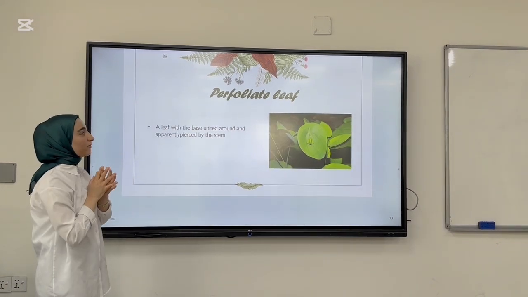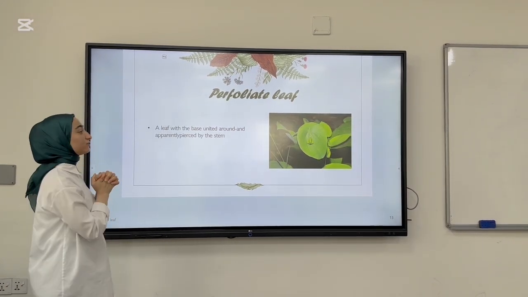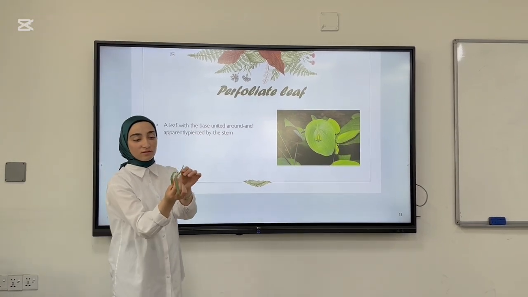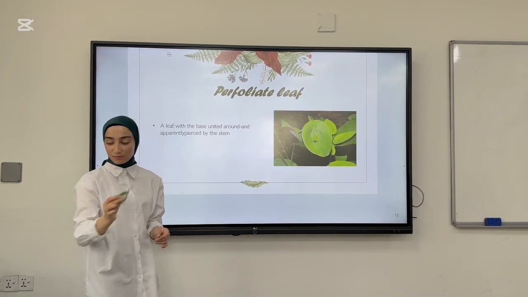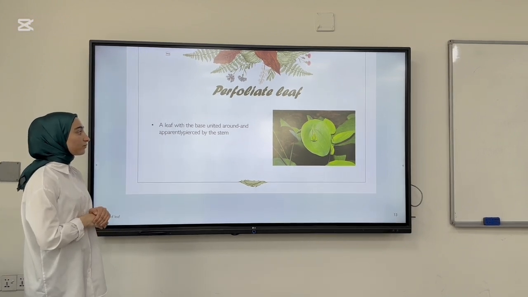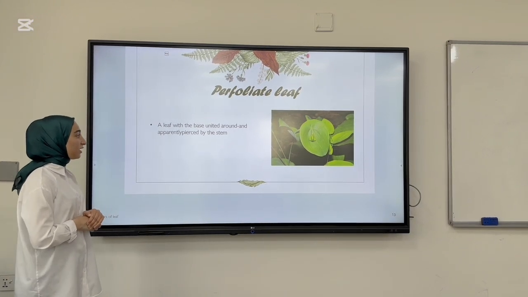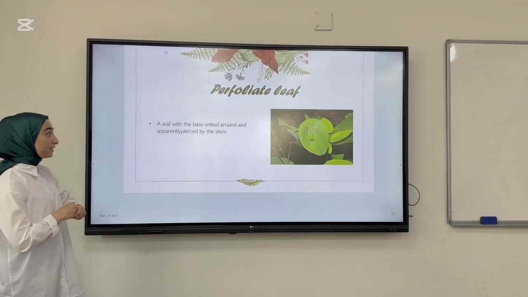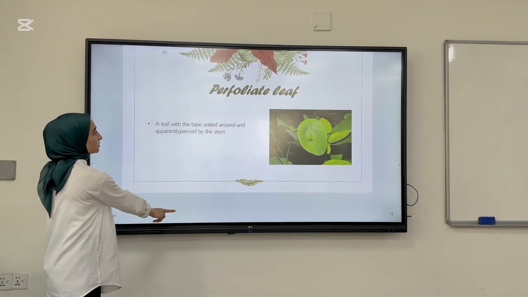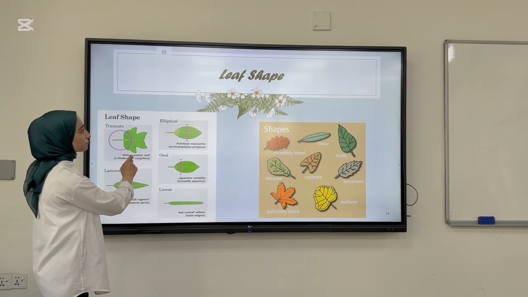Okay, and also we have the perfoliate leaf, which is also different, like this one. This is the perfoliate, a leaf with the base united around and apparently pierced by the stem. So it's about the perfoliate.